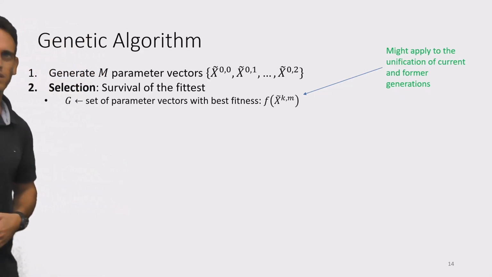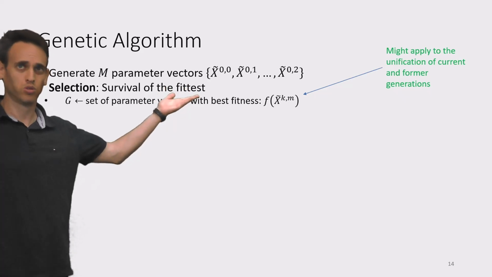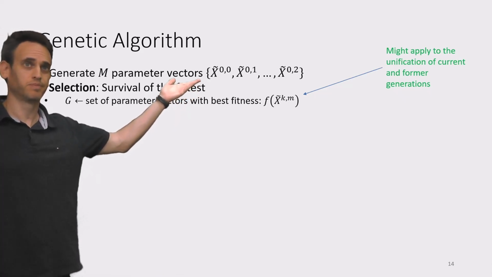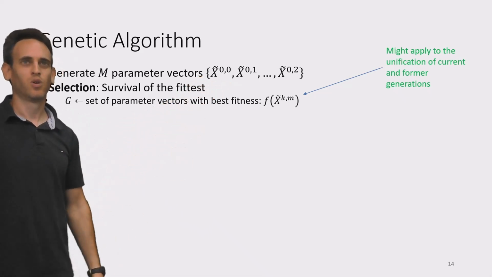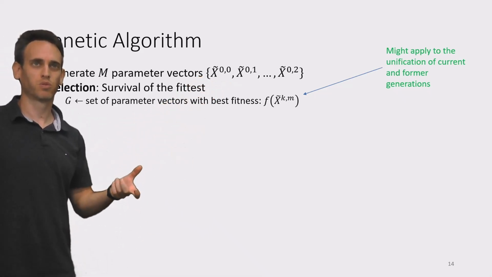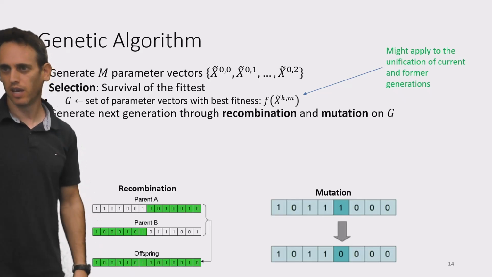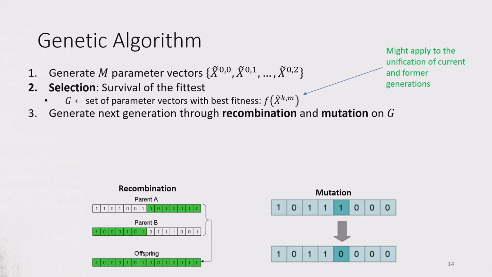But the main idea here is that we produce several instances, individuals, let's say samples, and we examine those that perform best with respect to the objective function, and we use them to generate the next generation of samples through recombination and mutation on these set of best performing individuals from our previous generation.